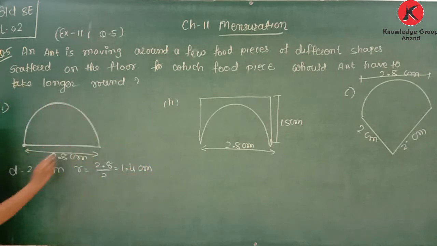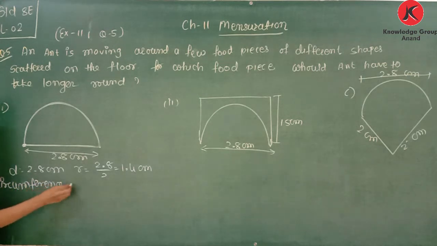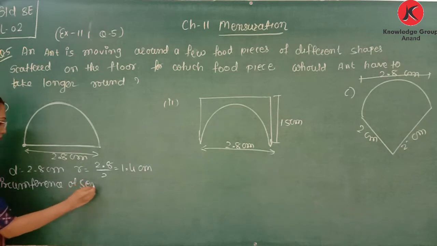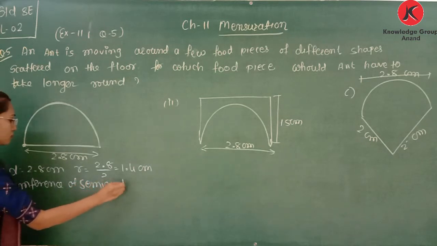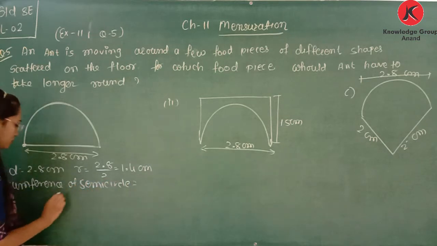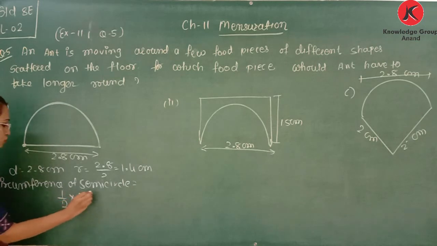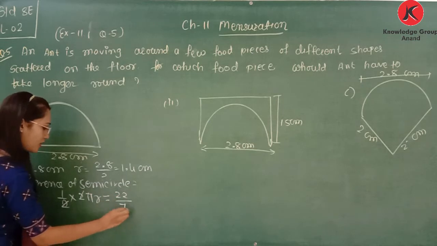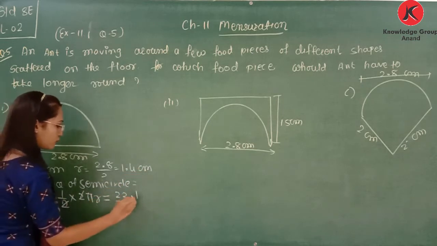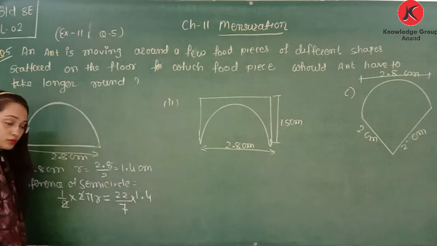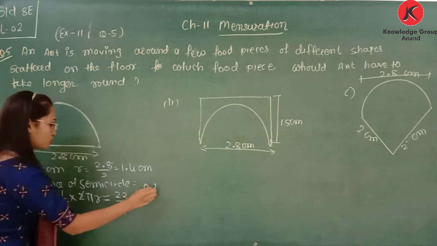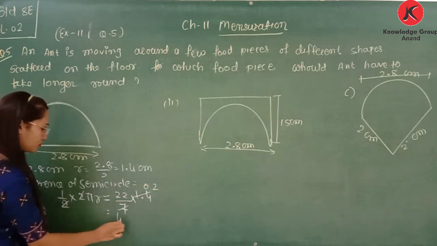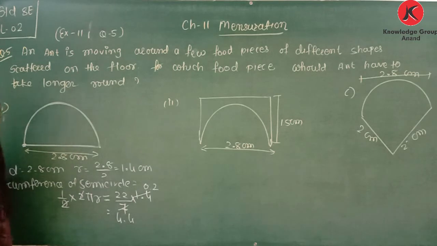Now the circumference of the semicircle is 1 by 2 into 2 pi r. The 2s cancel. Pi is 22 by 7, and the radius is 1.4, so we multiply 22 by 7 with 1.4. It is 0.2, so we get 4.4 centimeter.